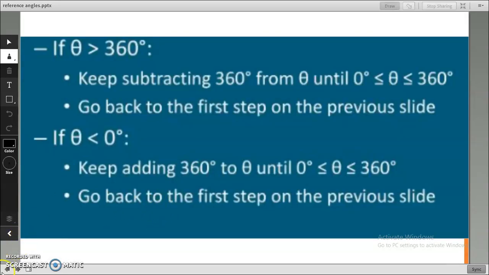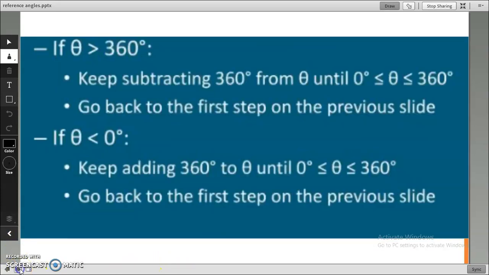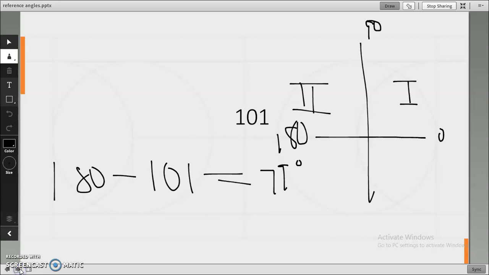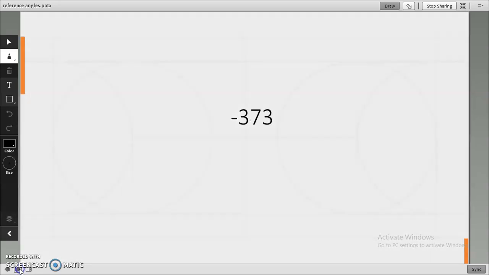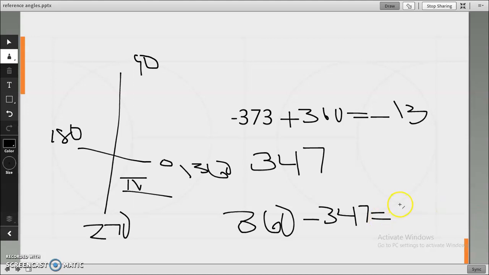We're going to subtract the angle from 360. So 360 minus 347 is 13. So my reference angle is 13, and I hope that this helps.